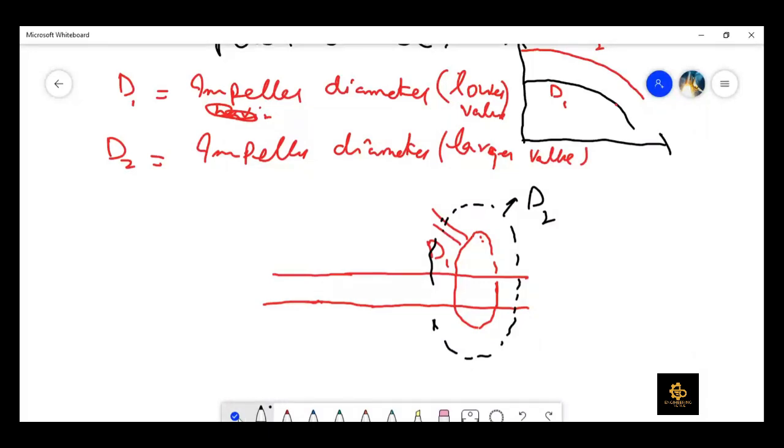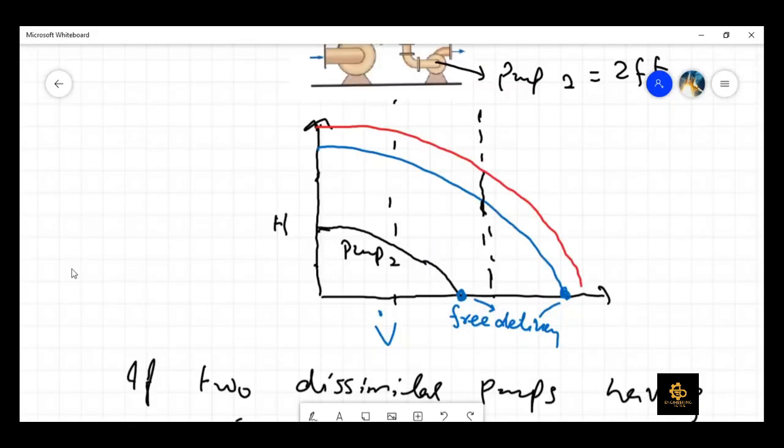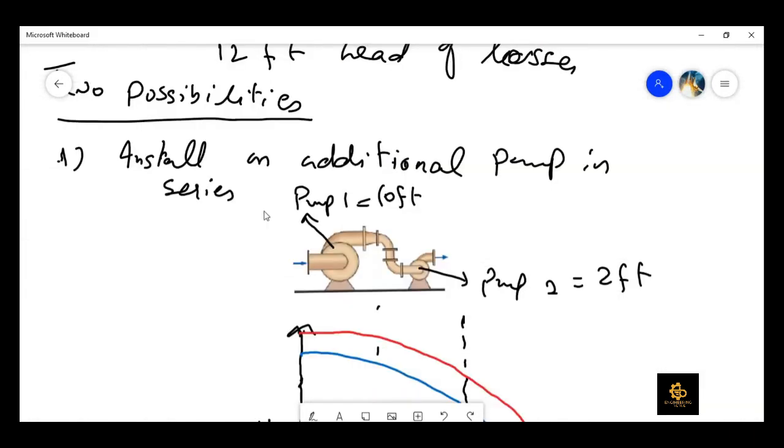But let's go back to the original problem statement. Here it was giving us 10 feet. What if the piping system suddenly requires 30 feet of net head? Then it is more justifiable to use multiple pumps having similar characteristics. So if it is a slight increase, we can change the impeller diameter.